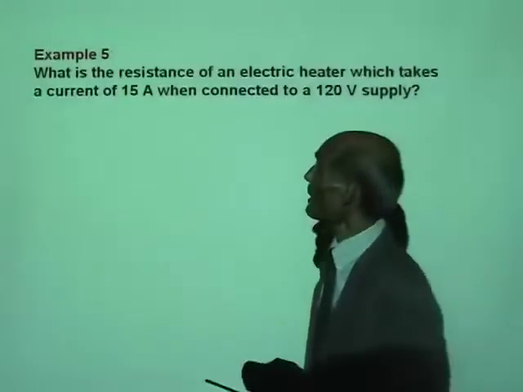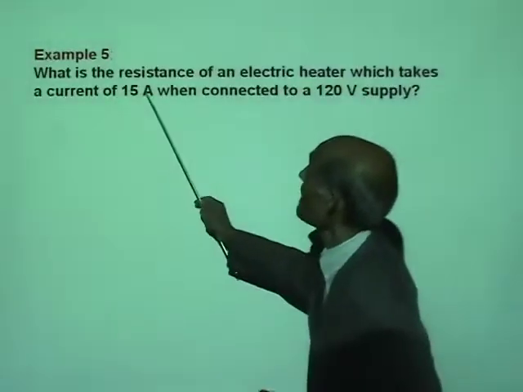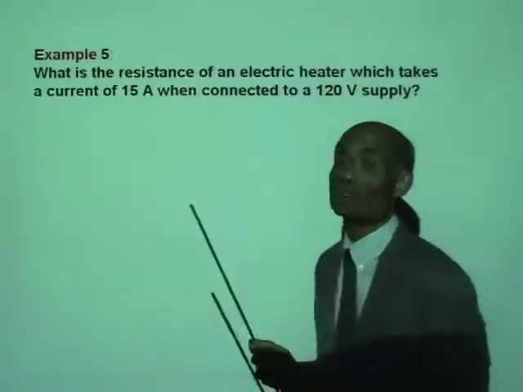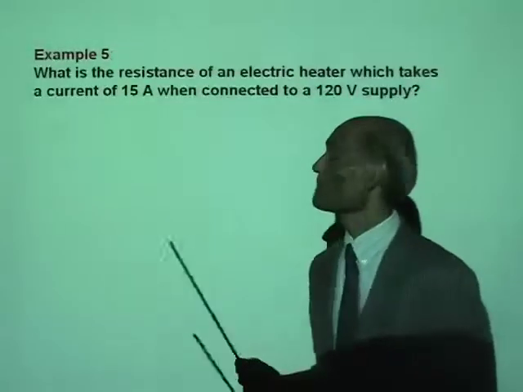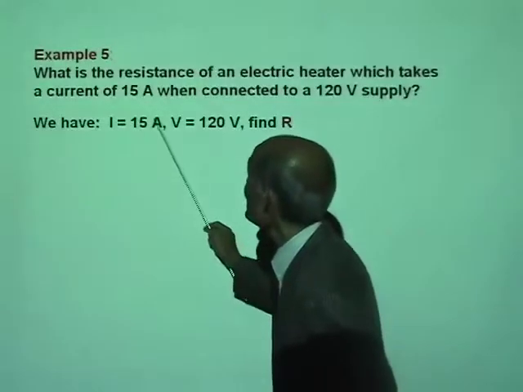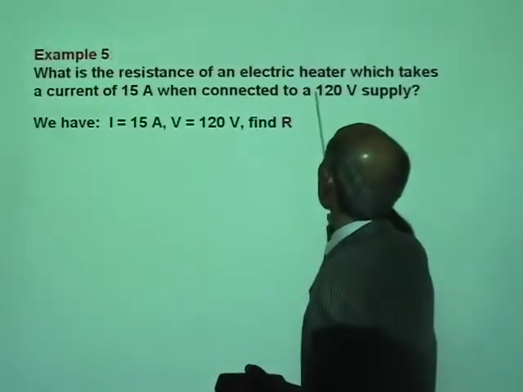Alright, another one. What is the resistance of an electric heater which takes a current of 15 ampere when connected to a 120 volt supply? Again, pick the values that we know. The current is 15 ampere, the voltage is 120 volt.